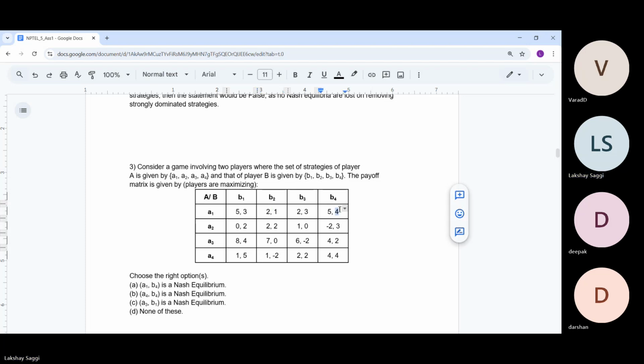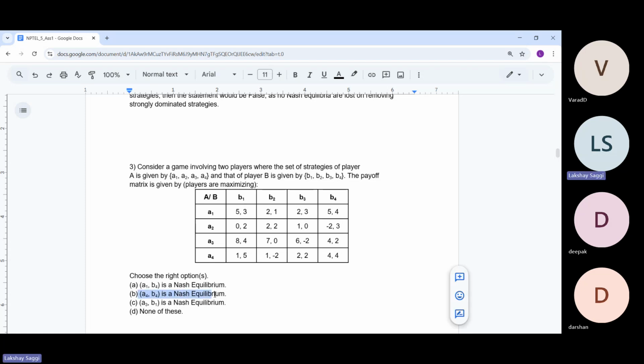Similarly, from B4 to B1, the payoff reduces from 4 to 3 for the column player. So again, the column player has no incentive to switch. So neither the row player nor the column player has any incentive to switch from this. So A1 comma B4 is indeed a Nash equilibria. Good job, Deepak.